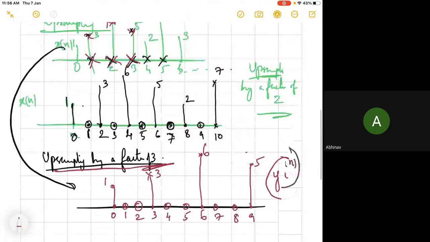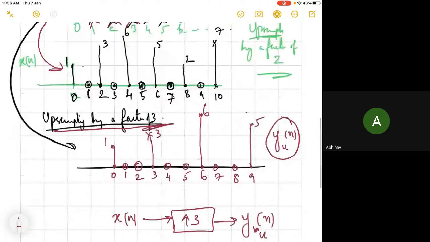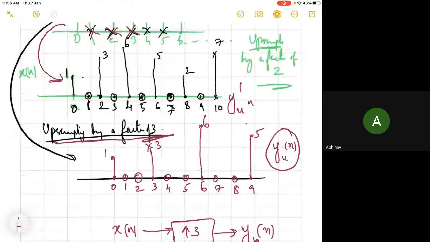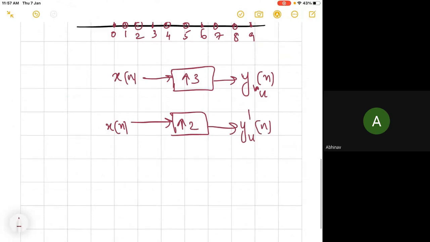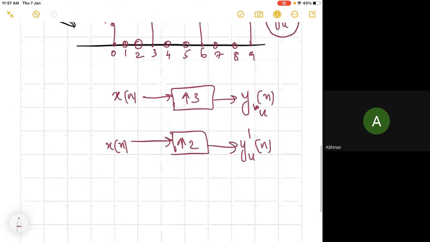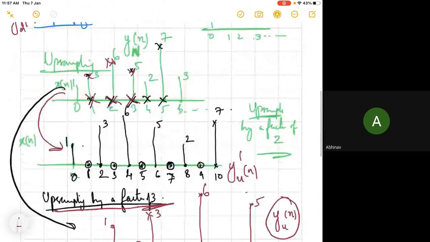Similarly here, this is the upsampled by a factor of 2 signal. If I represent it as y_u'[n], then y_u'[n] is obtained by upsampling x[n] by a factor of 2. So these are the basic upsampling and downsampling.